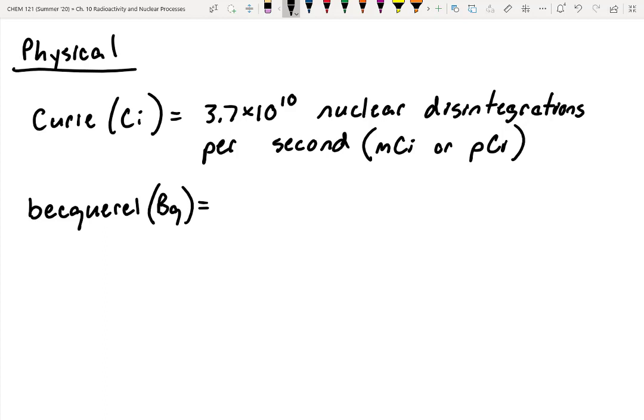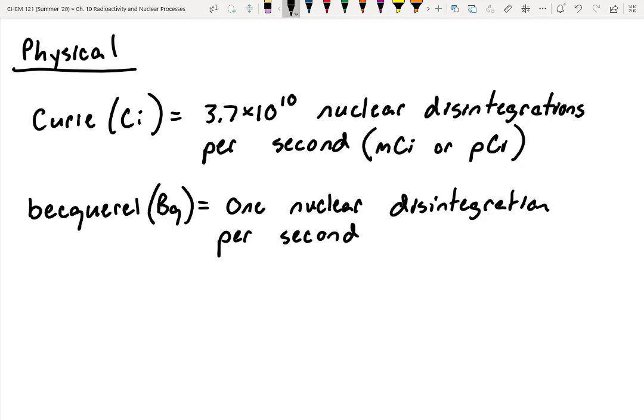Like I said, a curie is a massive amount. 1 curie of exposure is a ton of radiation, where this one is just 1 nuclear disintegration per second. So it's a lot more manageable as a unit. Those are the two main ones, and we can relate these to one another, because they're looking at the number of nuclei that decay per second. It's just got a different constant for each of those.